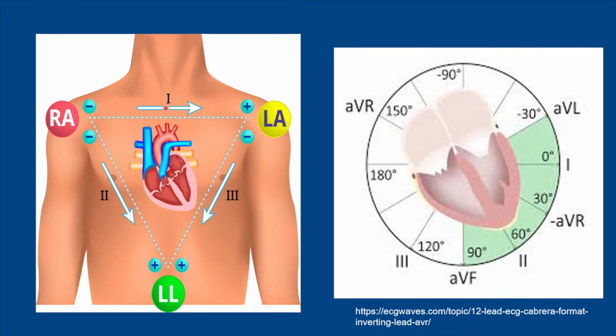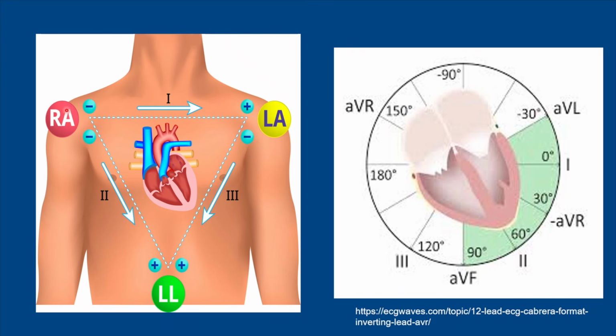We'll come later to this in the lecture on the cardiac axis, but let me explain where this figure comes from. Can you see here, this is lead 1, and lead 1 comes between 0 and 180 degrees, and lead 2 comes here at 60 degrees, and then lead 3 is in this direction, so lead 3 comes at 120 degrees.